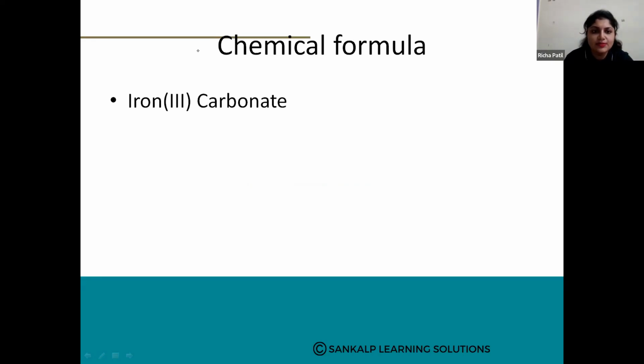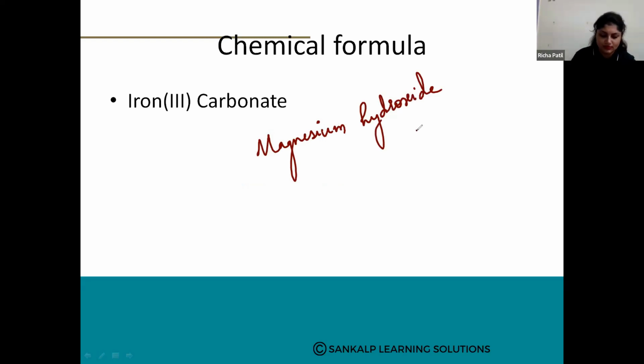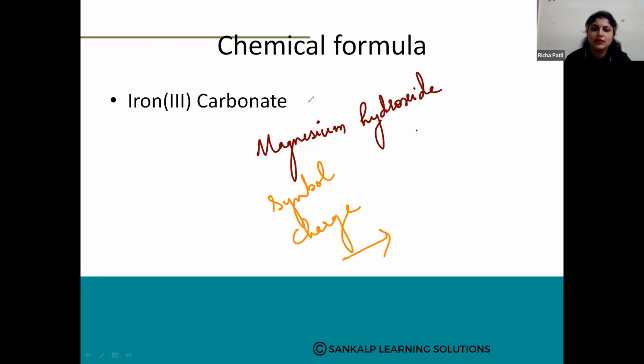Next is magnesium hydroxide. Symbol, charge. Ma'am, Mg in bracket OH2.